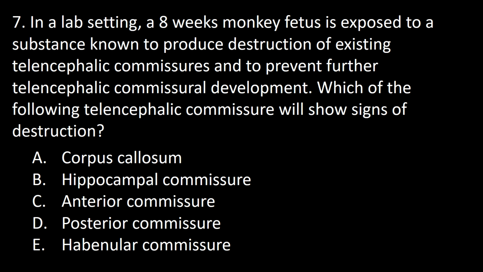Next question. In a lab setting, an 8-week monkey fetus is exposed to a substance known to produce destruction of existing telencephalic commissures and to prevent further telencephalic commissure development. Which of the following telencephalic commissures will show signs of destruction?